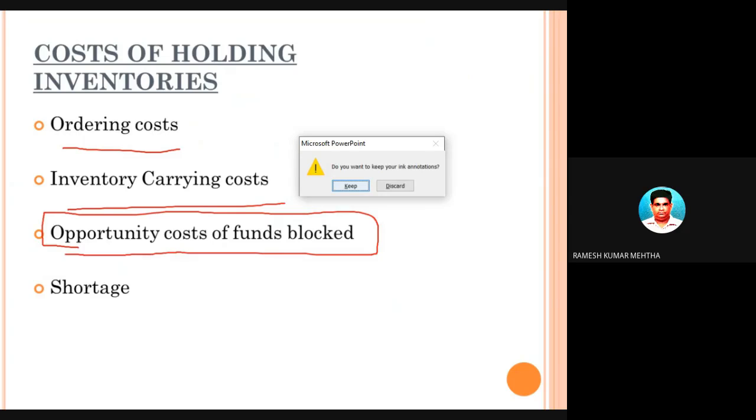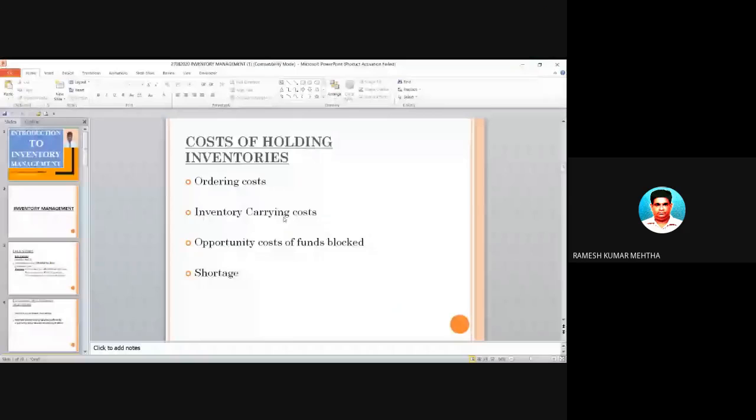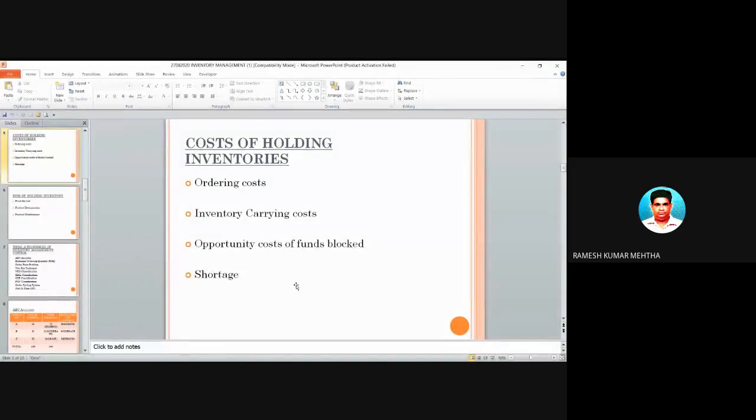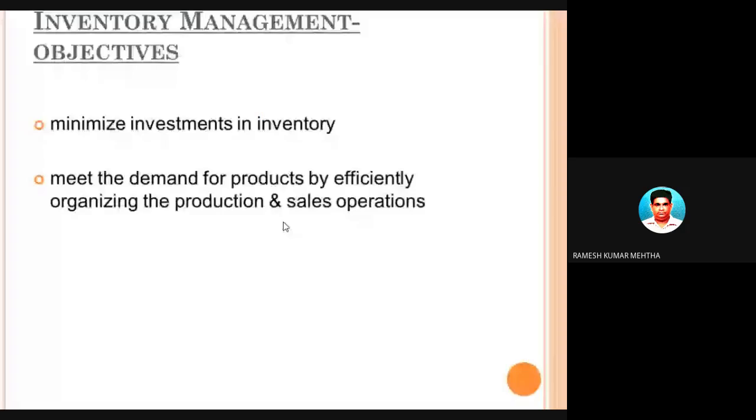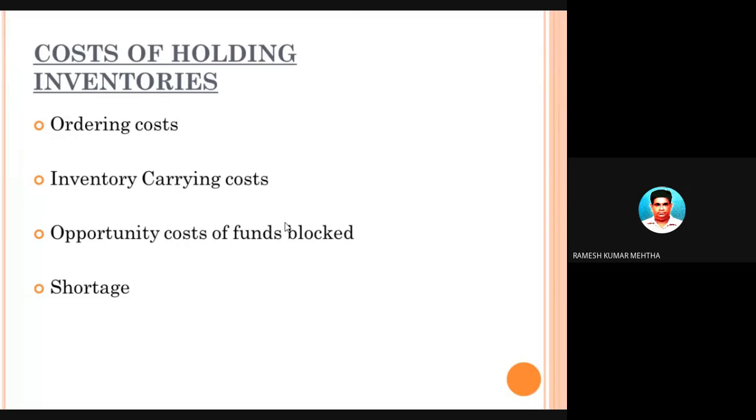When you are investing in the inventory, your funds are getting blocked. Because of this, you are losing your opportunity cost. So now, what is opportunity cost? That is the point we are going to take up.